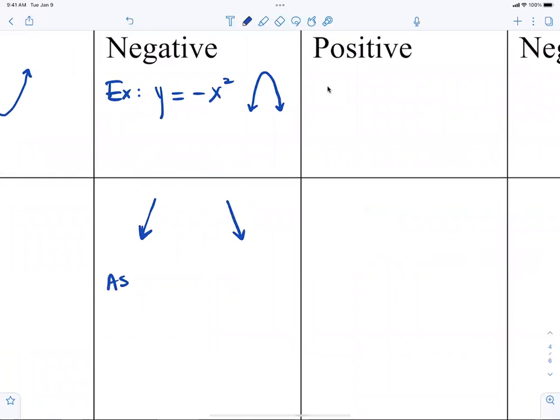And again, if we think about this, as x approaches negative infinity, when you're raising to that even power, the value is getting very large. And then when you multiply by a negative coefficient, it would make the value very small.